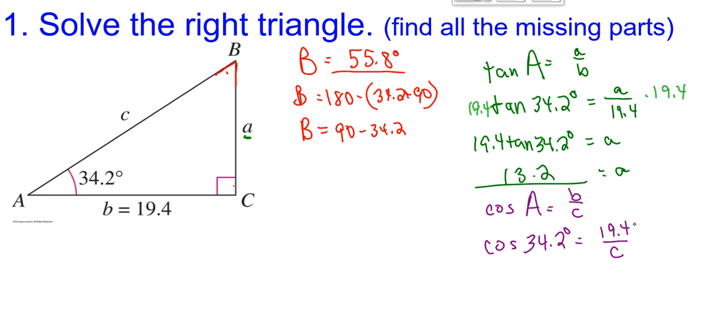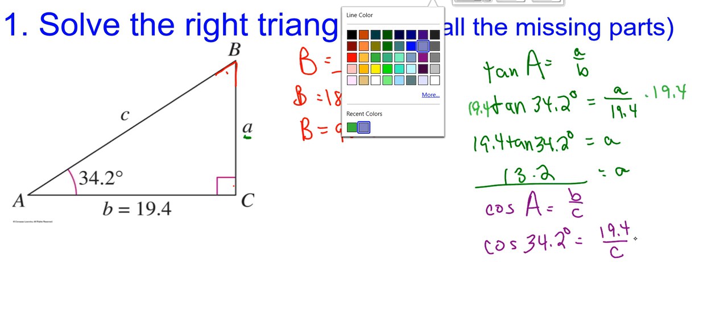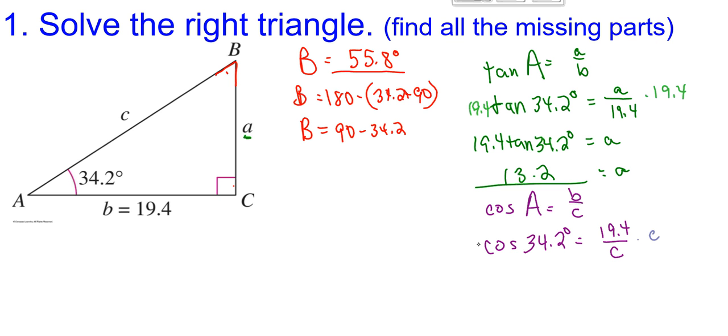This one is a little bit more difficult just because the c is in the bottom. Just a reminder, we can multiply by c and divide by cosine 34.2, and that gives us that c is equal to 19.4 divided by the cosine of 34.2 degrees.